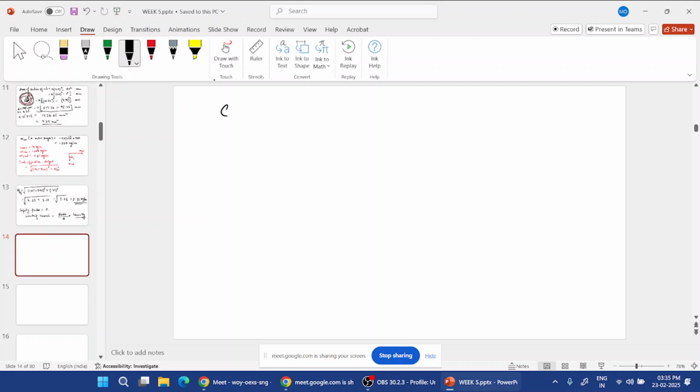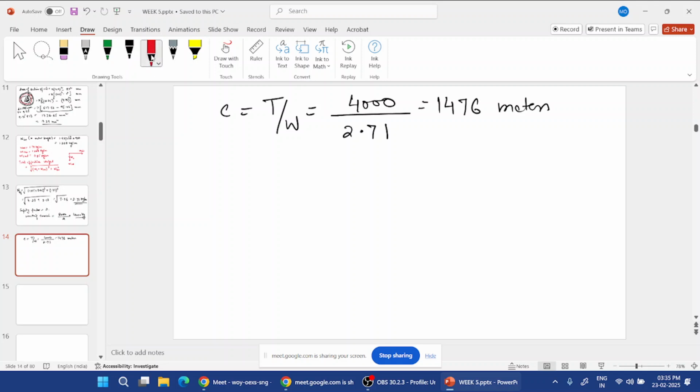C is equal to T divided by W. T is 4,000, W is the effective weight 2.71. So the value will be 4,000 divided by 2.71, which comes out to be 1476 meters.